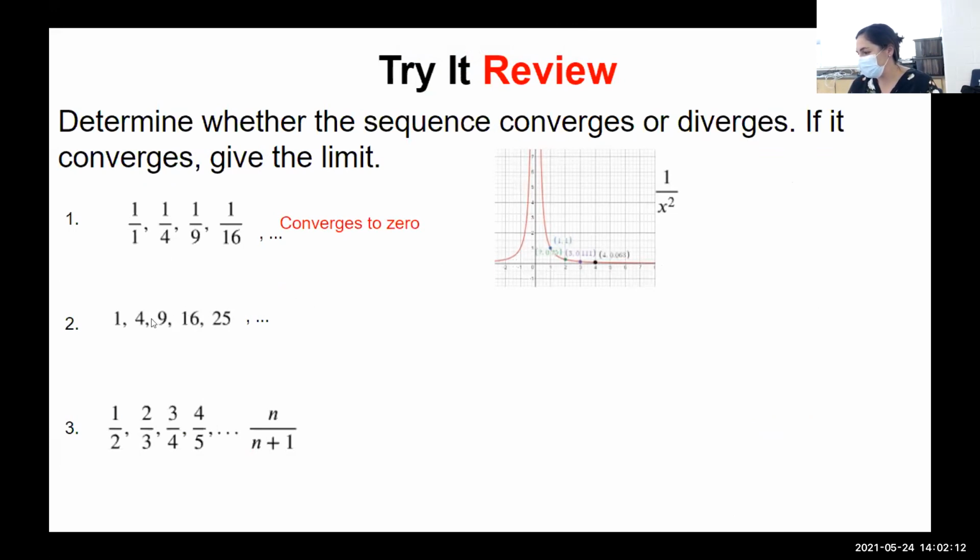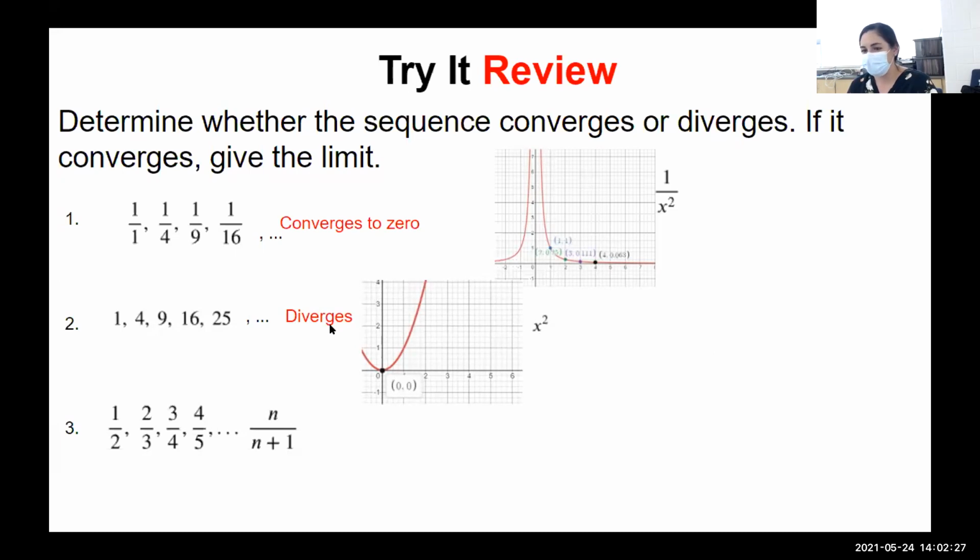For number 2, we have 1, 4, 9, 16, 25. Some of you might have figured out that that's x squared, but if you didn't, you can see the numbers increase without bound. So this sequence diverges. And then lastly, we have n over n plus 1.